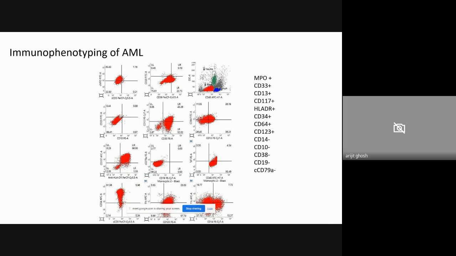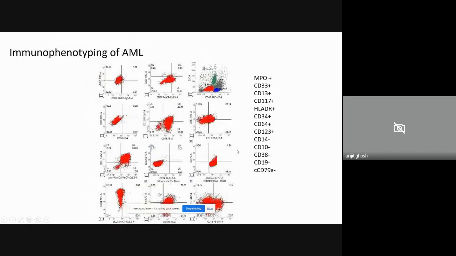to detect if it's myeloid specific or lymphoid specific. So here you can see MPO, CD33, CD13, CD117, MPO is there, 117 and HLA-DR is there, 13, 33 is there. So these are all myeloid markers present, and CD34 is also there, which is a blast marker.